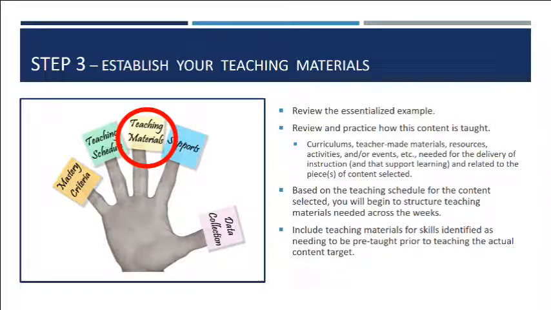If you need to include some teaching materials for skills you might need to teach prior, like being able to identify characters in a story, because this particular content is looking for the connection between the characters and events, you may need to do some continued practice on identifying the different characters in a story.